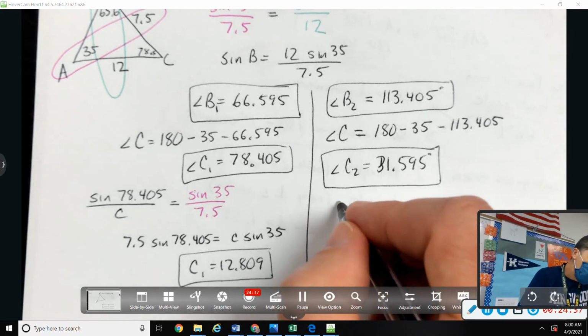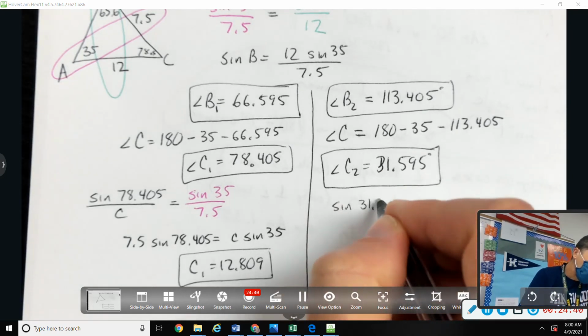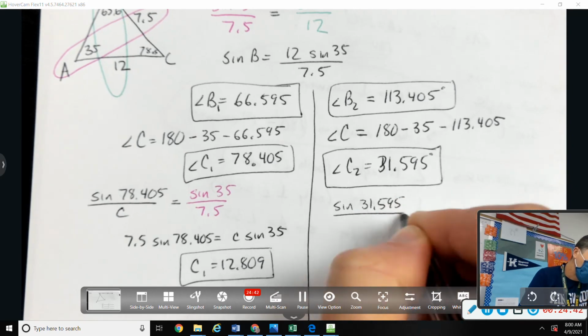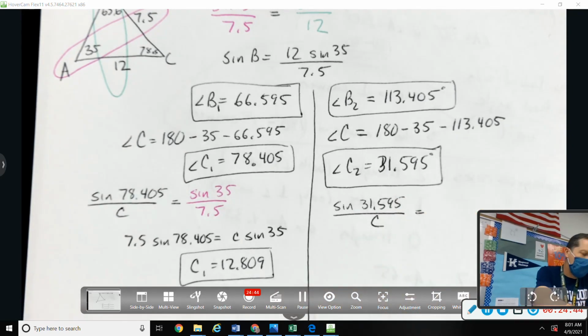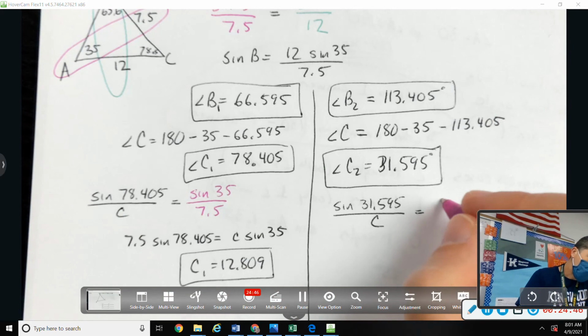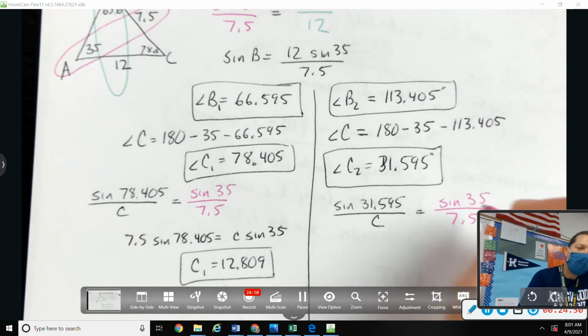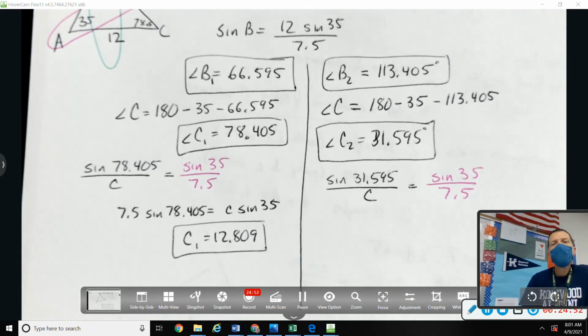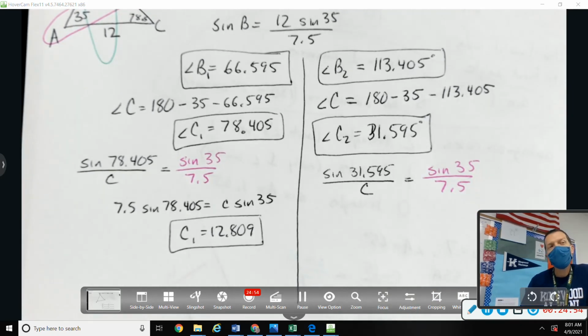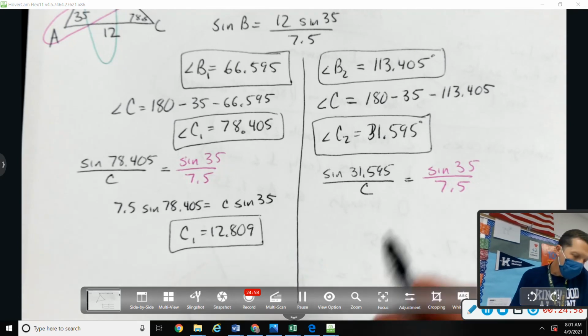And so sine of 31.595 over C equals, all the way back to the original, sine of 35 over 7.5. So again, it's the same process with different numbers. Cross multiply.